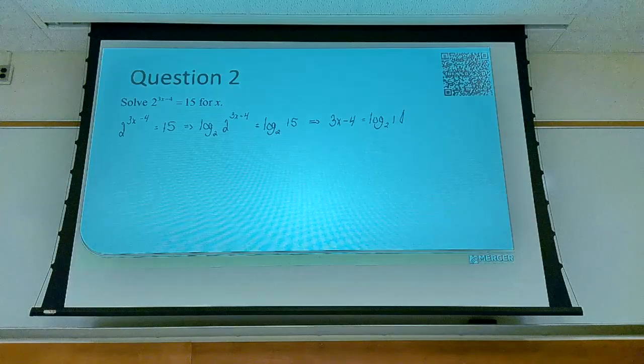And then you can add 4 to both sides. Now that's just a regular linear equation.